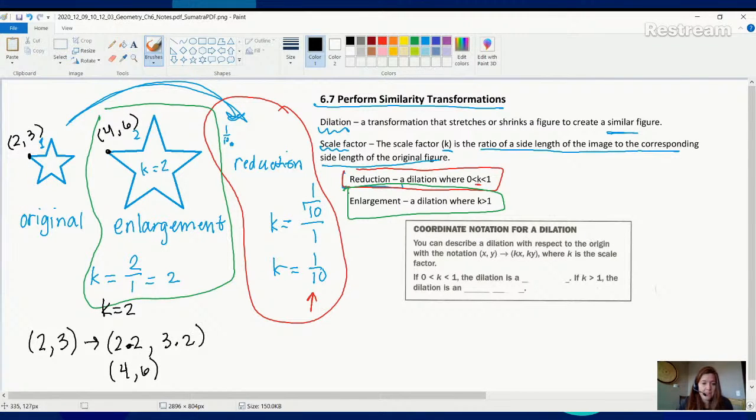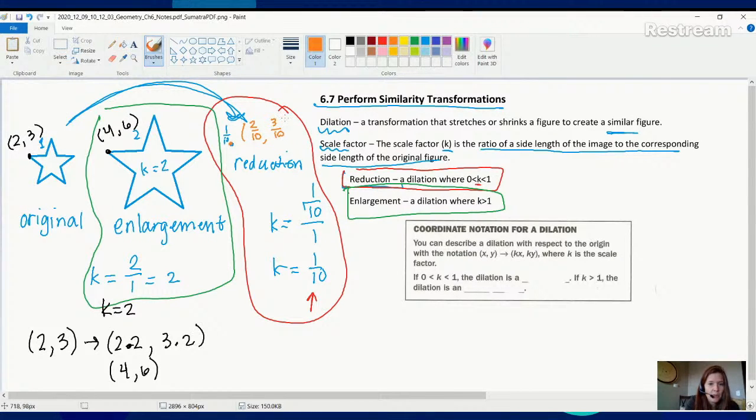Similarly, if I find this tiny little point on here, I would multiply everything by 1/10. So my new coordinate would be 2/10, 3/10.